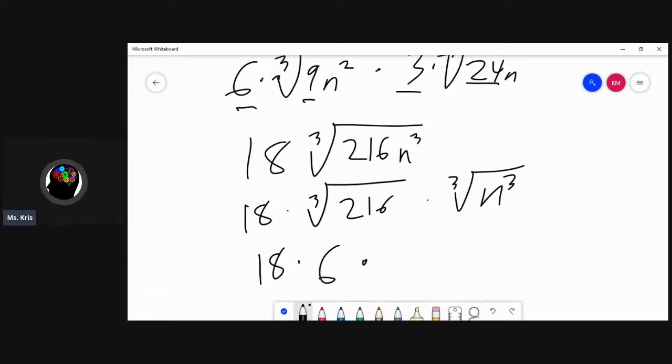Then you take the cube root of n to the third. Well, a cube root to a cube cancels, and that leaves you with n. Therefore, your answer is 108n.